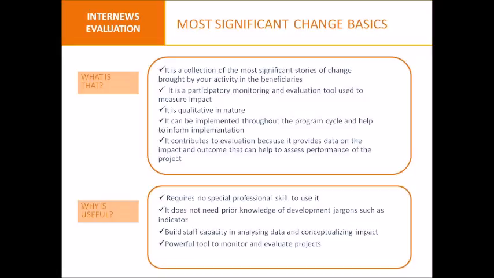That means that normally we will use no numbers, just the points of view and the opinions of the people. And it can be implemented throughout the program cycle and help to inform implementation. It contributes as well to evaluation because it helps us to identify impacts, and that is related to the first slide of what we want to do with this evaluation.